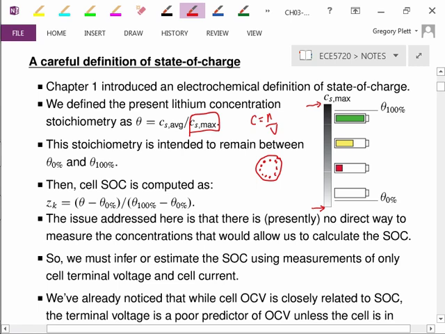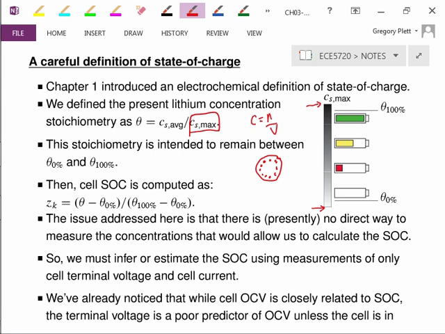In practice, we never charge, if you will, a particle all the way up to CS max, because that tends to introduce stresses and strains and tends to approach some limits of chemical side reactions that cause side reactions to happen. And we'll talk a little bit more about that in the next chapter and in chapter 7 very, very briefly.